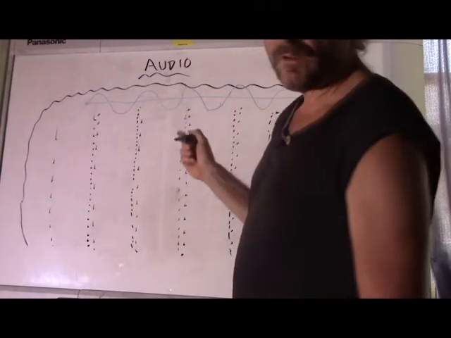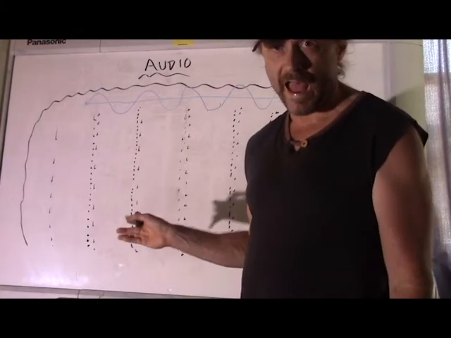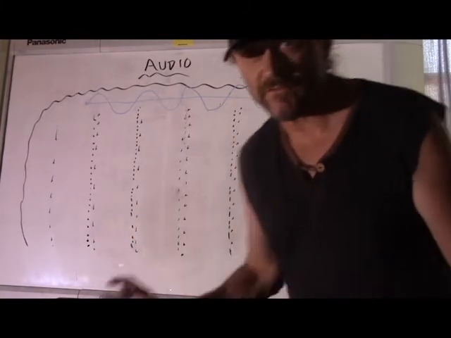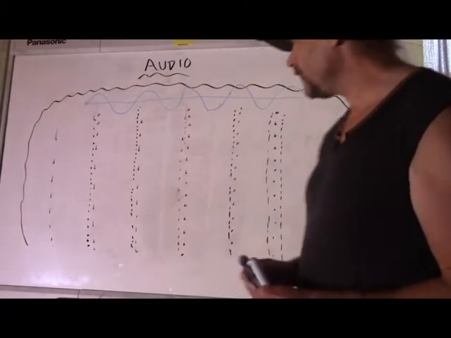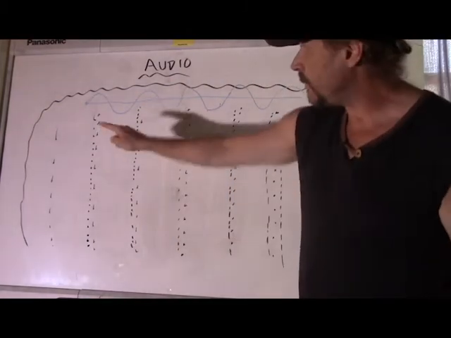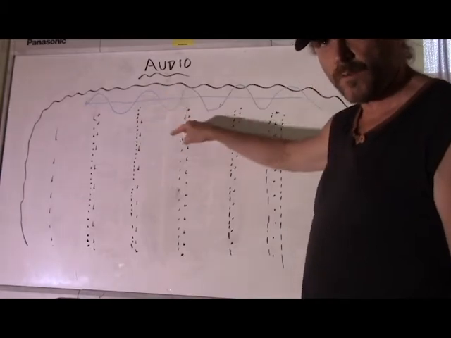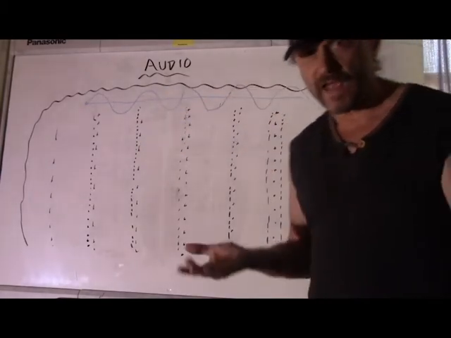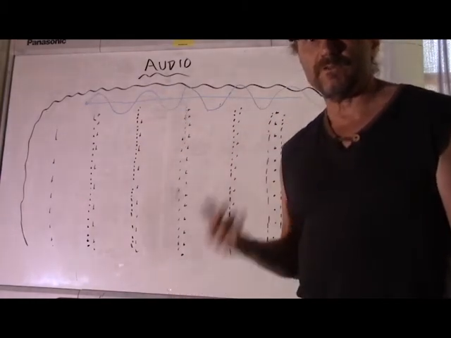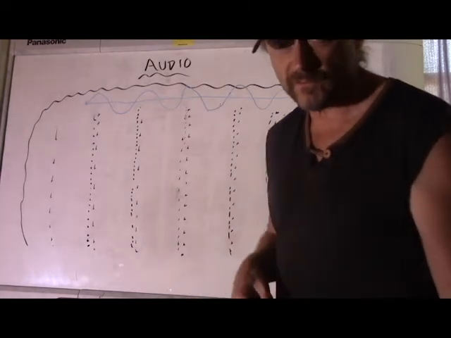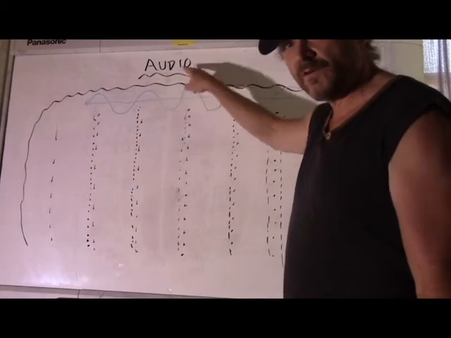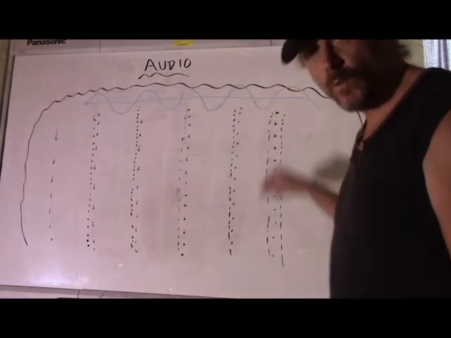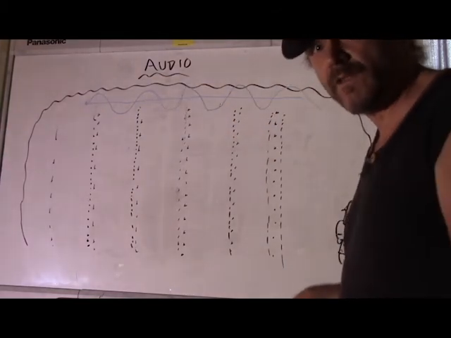Now that's a really, really simple graph. Life is not that simple. But I'm simplifying it right now just so you can understand that when we draw a waveform like that, that's how the computer and other electronic instruments are going to make a graph to describe what's going on with the sound in the air.